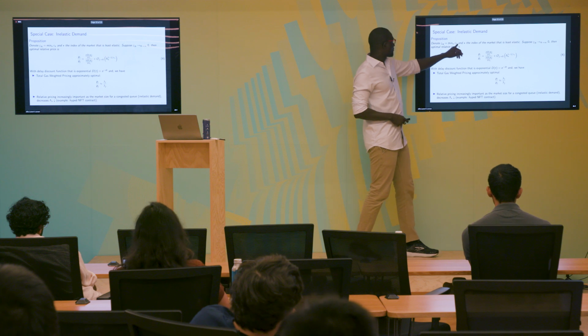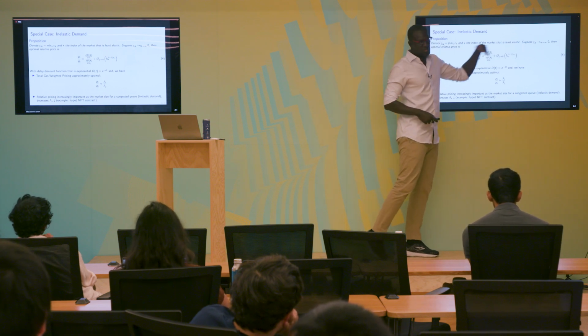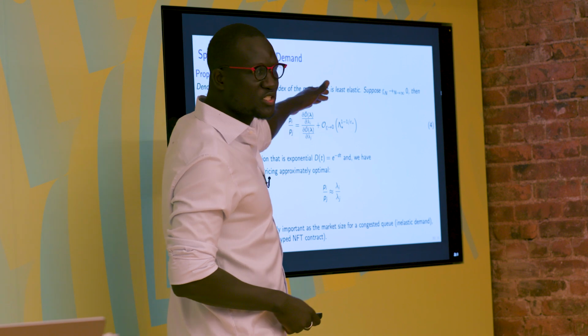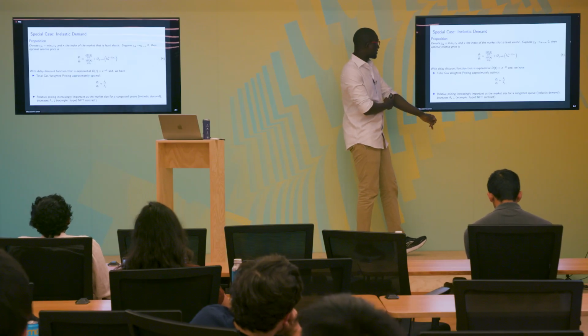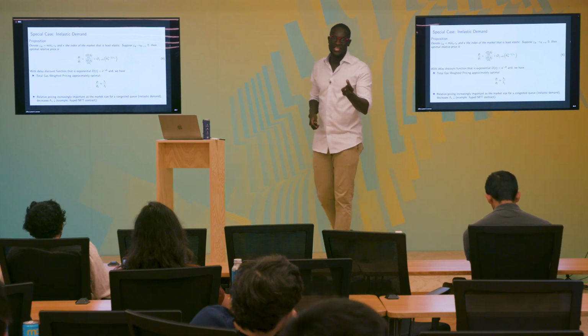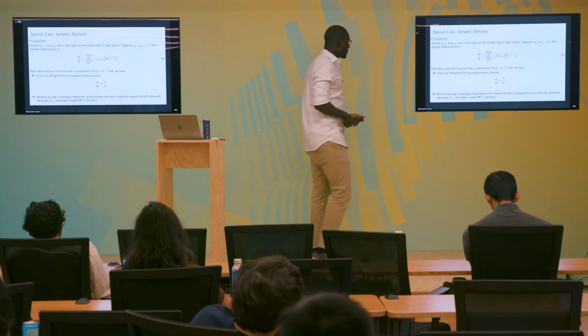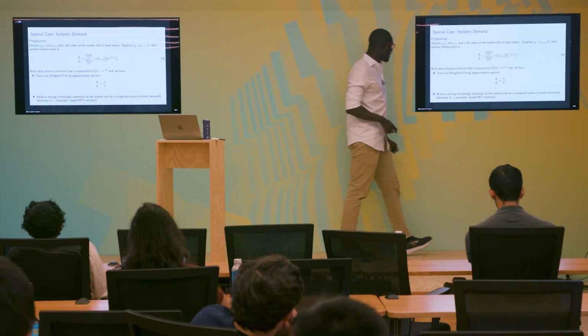Then we can show that, if this elasticity goes to 0, we have this approximation for the relative prices of the optimal pricing mechanism, which depends just on these marginal delay rates. This term here is just a big O of the market arrival rate.